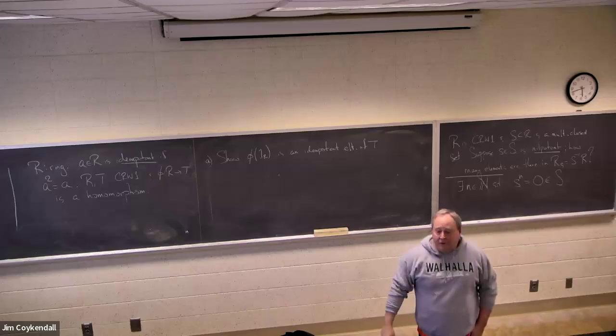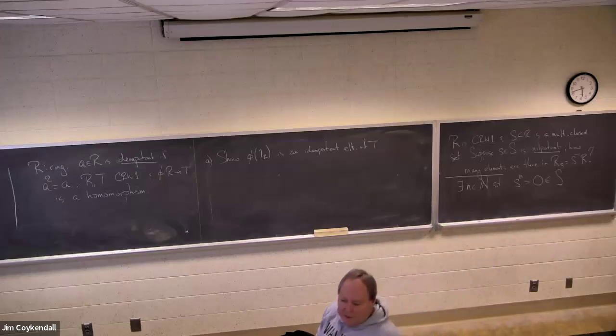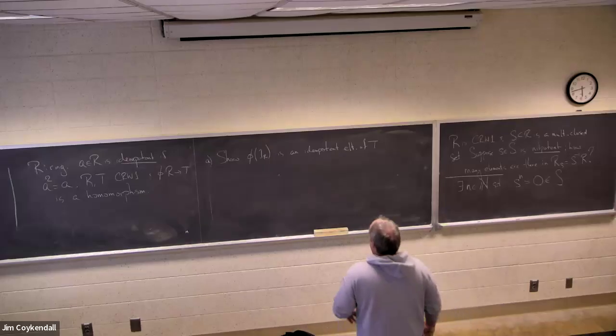Okay. First of all, phi is a function that goes from R to T. And we also know that R is a ring with identity. So 1R is an element of the ring, phi of 1R is an element of T. So at least that makes a little sense to me. How do you show something's idempotent? Just square it and see if you get it back. So let's do that. Let's just square this.